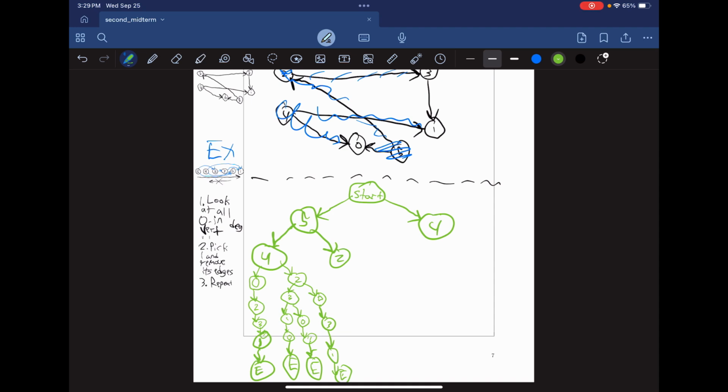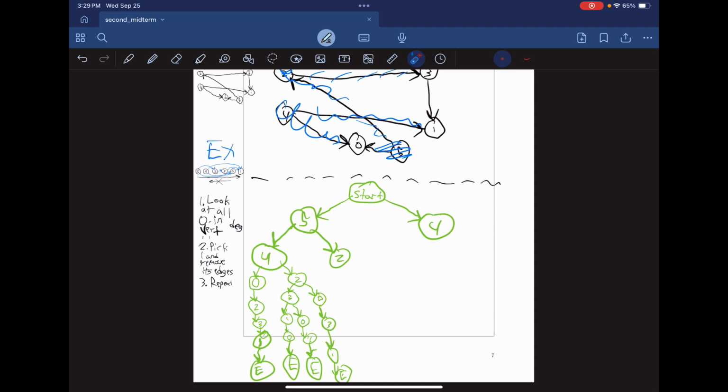So we have now found 4 topological sorts, and I'm going to show you specifically what this tree is saying. This tree that we've made so far is saying that there's a topological sort 5, 4, 0, 2, 3, 1. There's a topological sort 5, 4, 2, 3, 1, 0. There's a topological sort 5, 4, 2, 3, 0, 1. And there's a topological sort 5, 4, 2, 0, 3, 1.